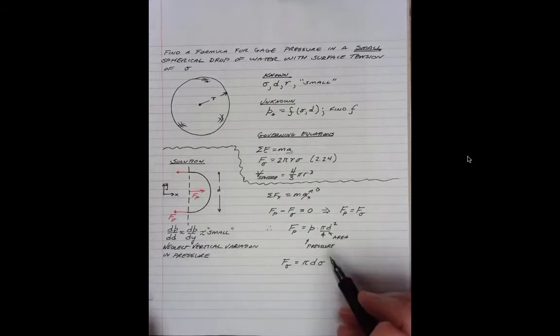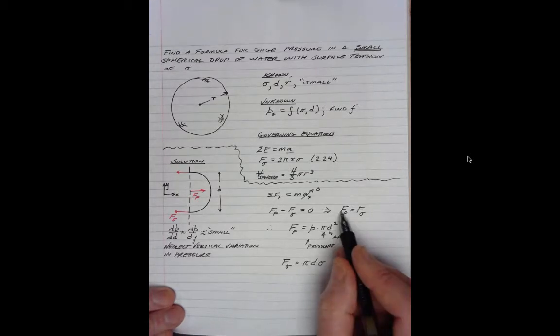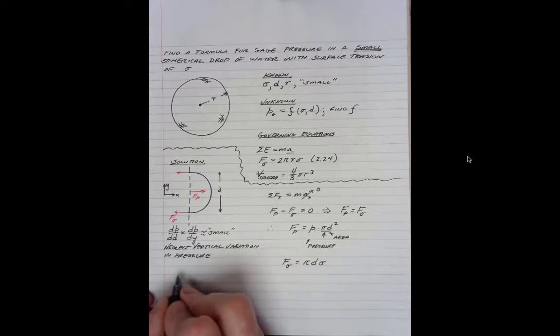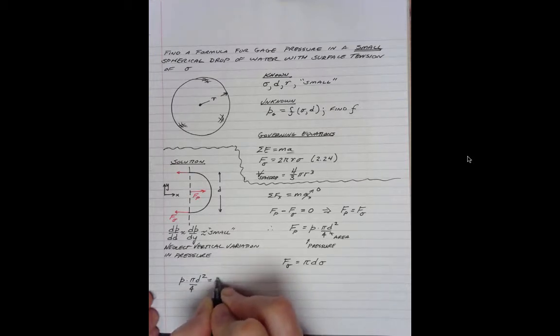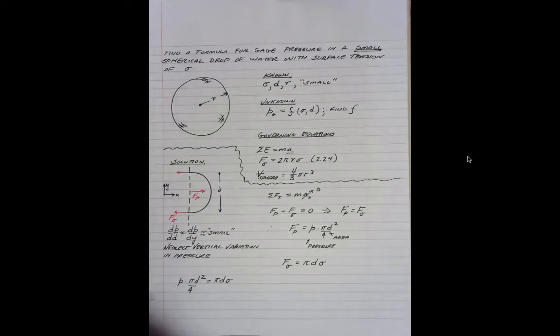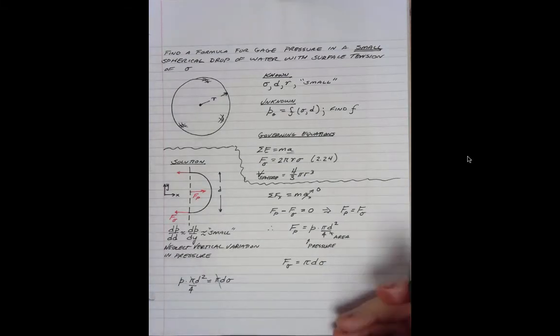And now we will equate the two. We have this force balance here, and we can use that to find the formula in terms of pressure. So we have P times pi d squared over 4 equals pi d sigma. My green canceling pen. Pi's go away.